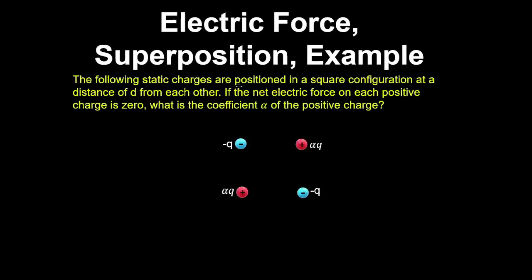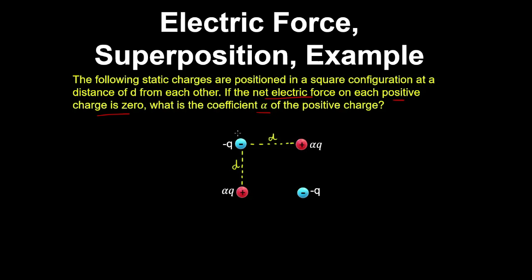The following static charges are positioned in a square configuration at a distance d from each other. If the net electric force on each positive charge is 0, what is the coefficient alpha of the positive charge?